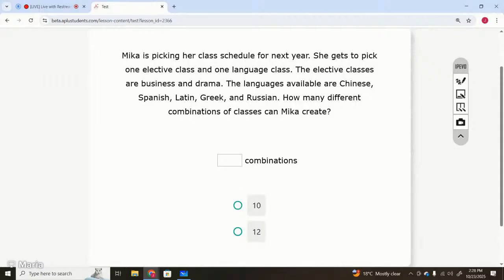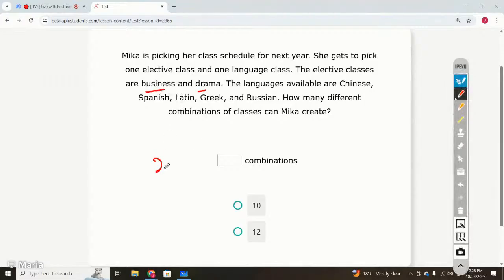Mika is picking her class schedule for next year. She gets to pick one elective subject and one language subject. The elective subjects are business and drama. The languages are Chinese, Spanish, Latin, Greek, and Russian. So that means for the elective, she has two choices, and for the language, she has one, two, three, four, and five choices.